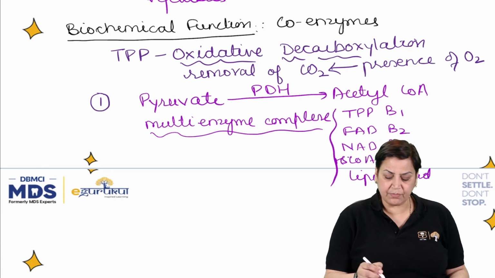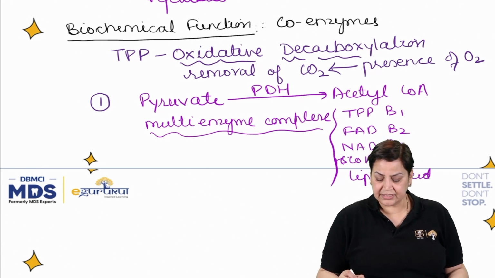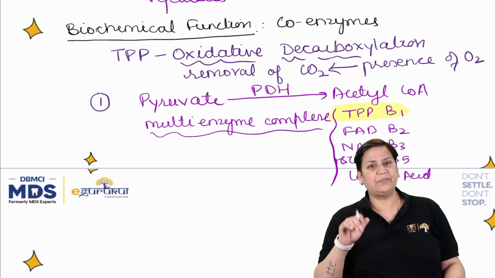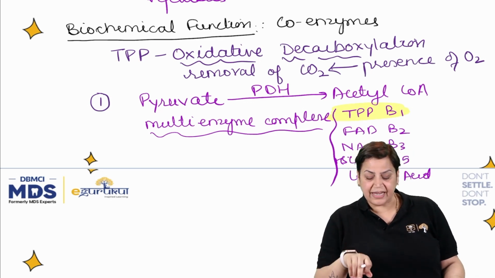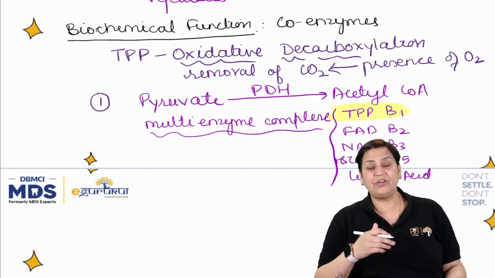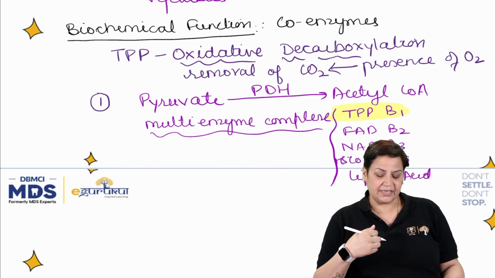But the most important one here is TPP, because here carbon dioxide is given out, and TPP is the one which will carry and transport this carbon dioxide.